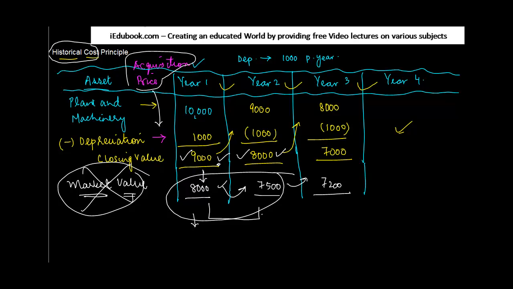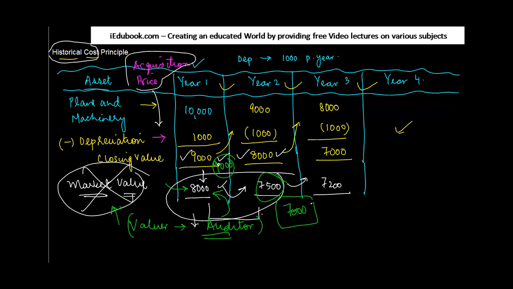The reason for this is, let's say for example, suppose we start recognizing on market value. Now how do we estimate what is the market value of this asset? Either we go to a valuer to find it out, or the auditor may himself make a judgment. So then there will always be a question whether this is 8,000 or whether this is 9,000, whether this is 7,500 or this is 7,000.